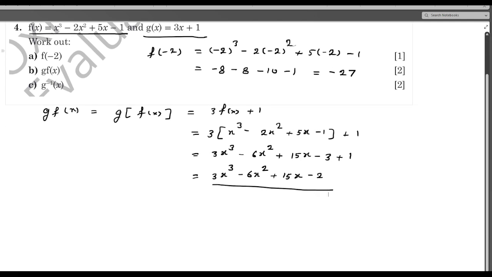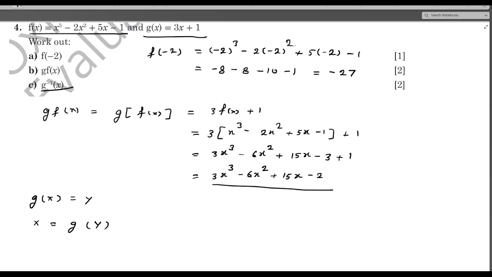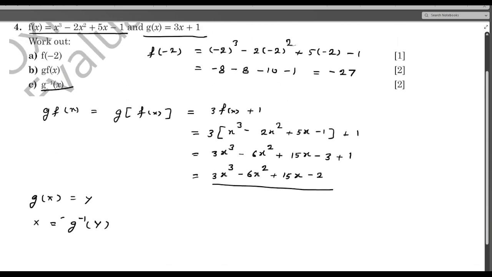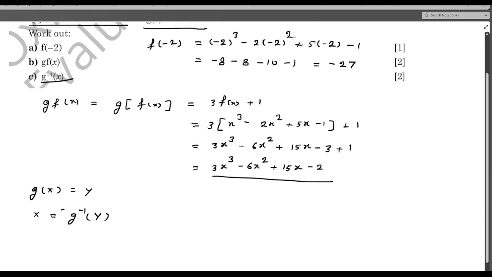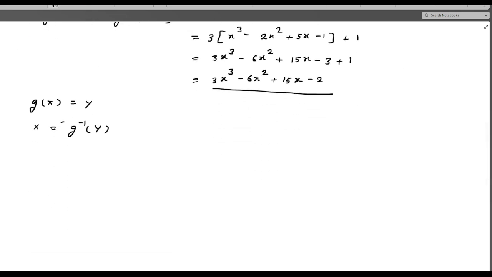And finally, I have to find out g inverse x. Now, if g of x is your y, then your x is your g inverse of y. So if g(x) is given as 3x plus 1, that means you can say that y is equal to 3x plus 1.